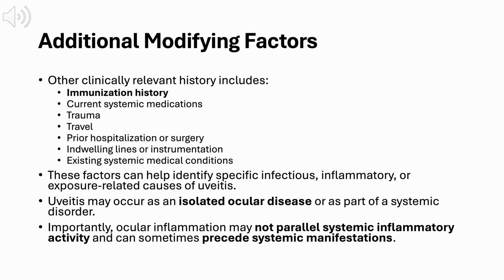And two conceptual reminders that are easy to forget clinically. Uveitis can be an isolated eye disease or part of a systemic disorder. And critically, the ocular inflammation may not parallel systemic activity and can sometimes precede systemic manifestations entirely. In other words, the eye can be the first place a systemic disease announces itself, so a negative systemic review today doesn't close the door.